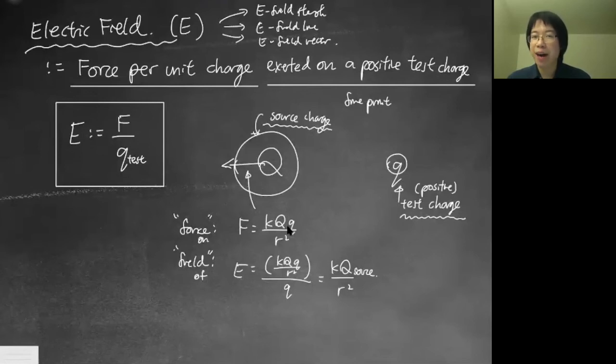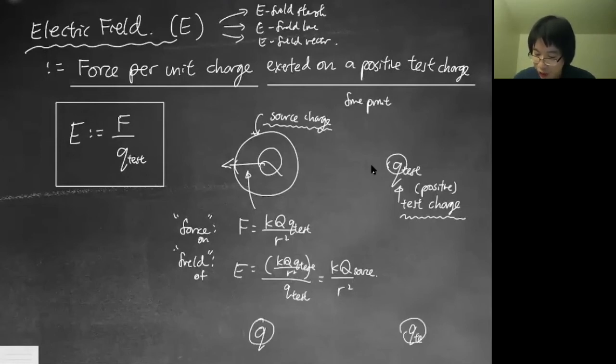Because now if I calculate the other way around, right? Let's call this q test. Now I have a small charge, I can find another q test, and I can find the electric field of this guy. Let's see if it's smaller or not. So we apply the definition. First of all, it's force per unit test charge, force per unit positive test charge.